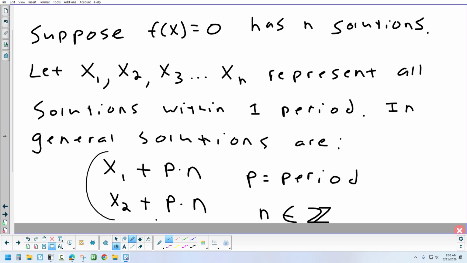It tells you right on the board what n has to be. What does n have to be? All real numbers. Nope. That doesn't say all real numbers. What does that say? I think we talked about that symbol very first day of class. Maybe second day.